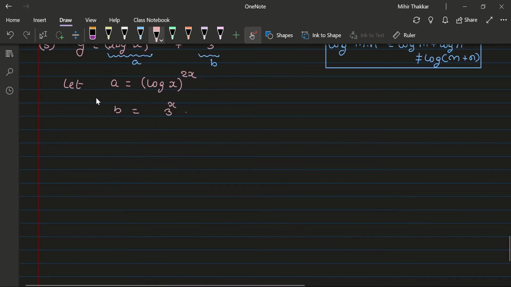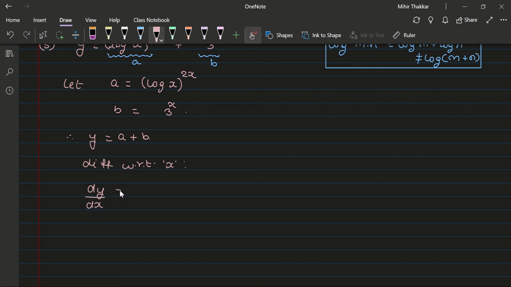Therefore y is equal to A plus B, and when I differentiate this with respect to x, the value of dy by dx will become equal to dA upon dx plus dB upon dx, and I will write this as equation number 1.